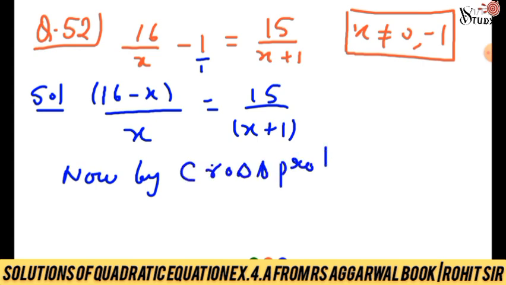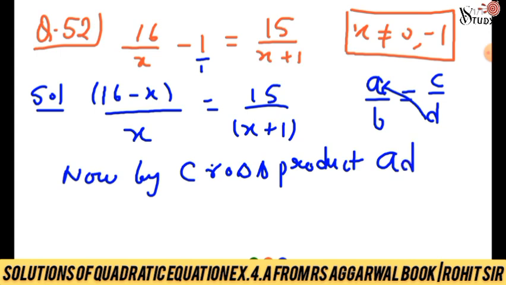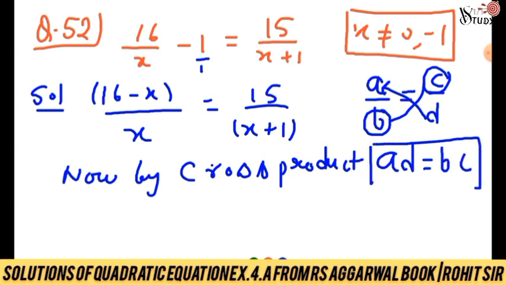What is cross product? If a upon b is a fraction, and c upon d, if two fractions are equal, then the denominator of the right hand side is multiplied to the numerator of the left hand side, and it can be written a into d, and it will be equal to the denominator of the left hand side multiplied to the numerator of the right hand side, and it can be written as bc, and this rule is known as cross product.